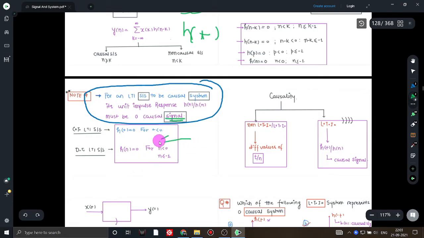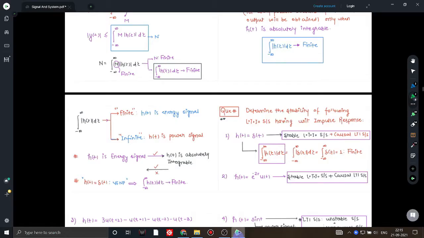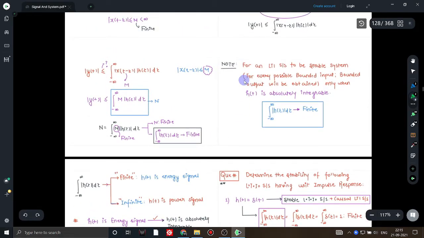In formula, this is the condition: h(t) is 0 for t less than 0 and h(n) is 0 for n less than 0, meaning in discrete, n is less than or equal to -1. Now I hope you remember this.